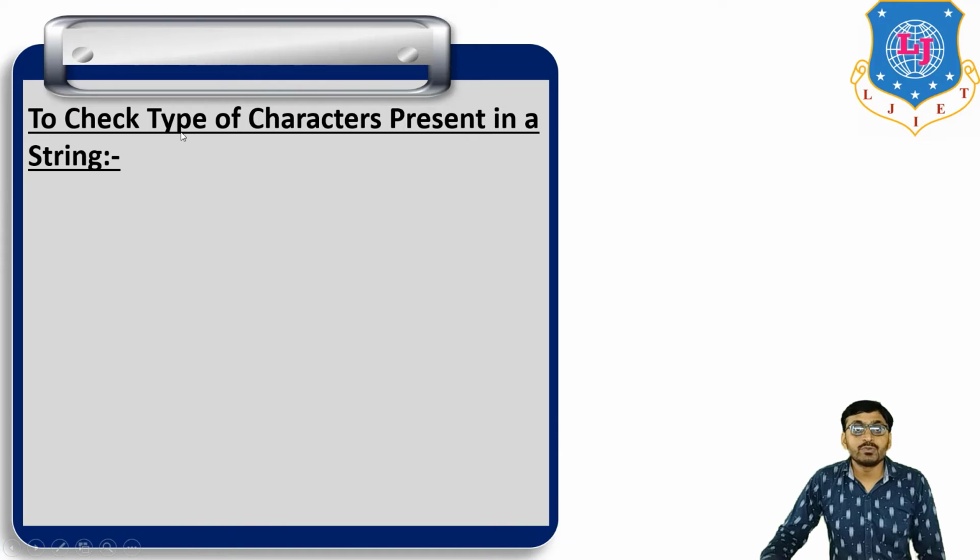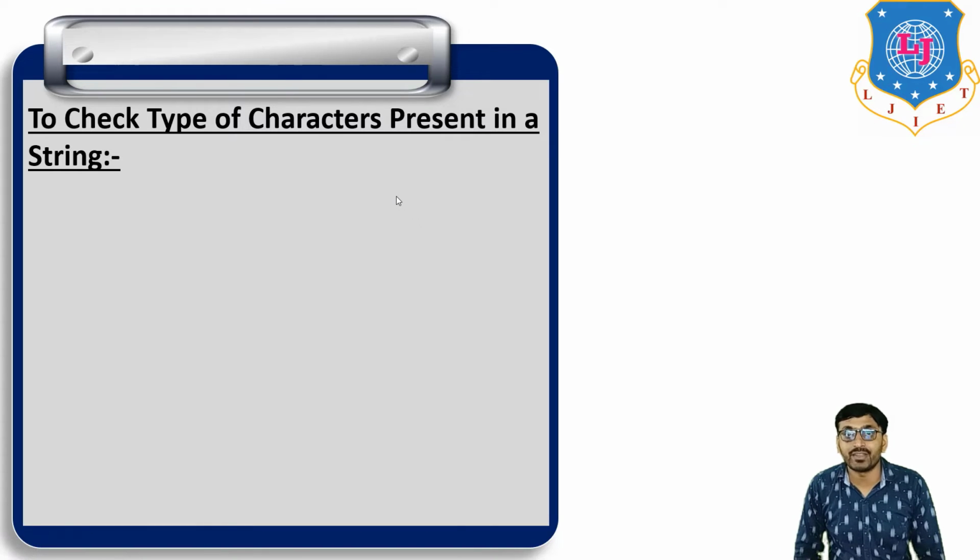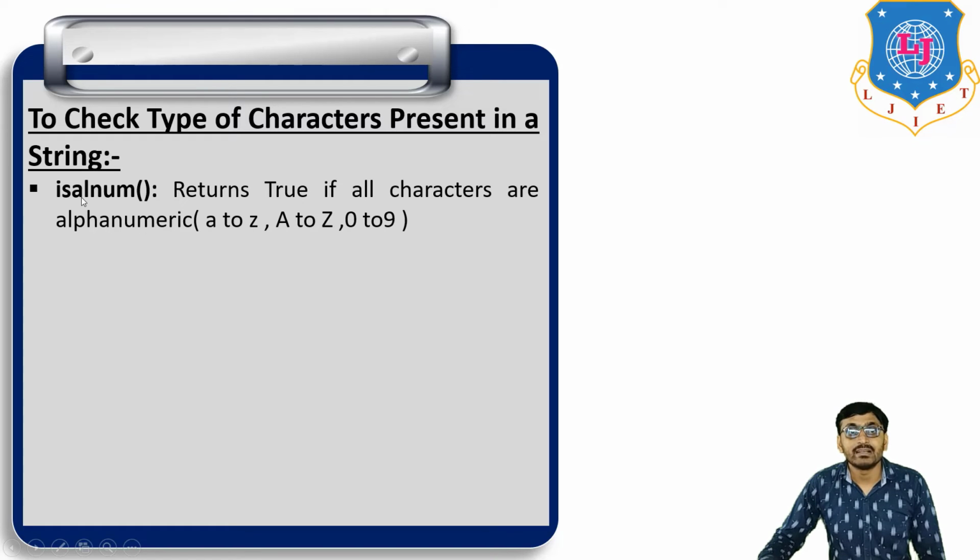Now, to check which type of characters are present in a string, we use the following methods. First is isalnum, which returns true if all characters are alphanumeric. It means small a to small z, capital A to capital Z, and 0 to 9.